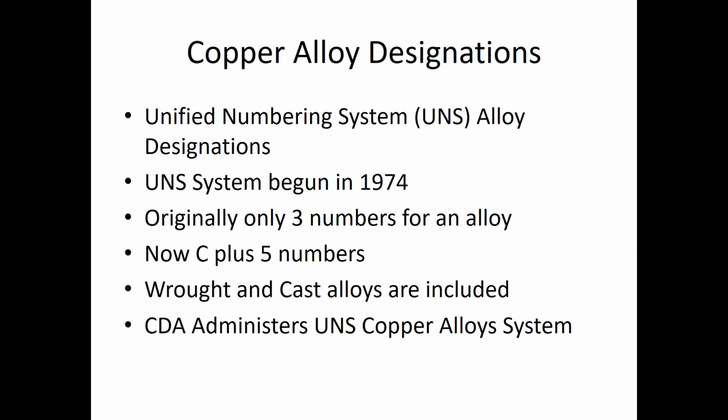The extra 2 numbers many times allows modifications, small changes to be registered. And this includes both wrought and cast alloys. And CDA administers this system for copper. There's an overall UNS administrator that covers everything.